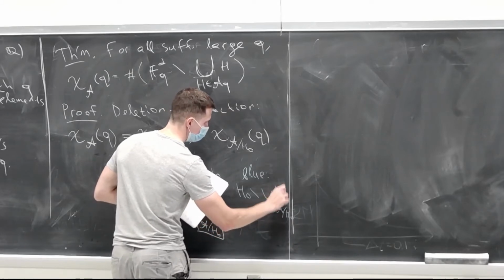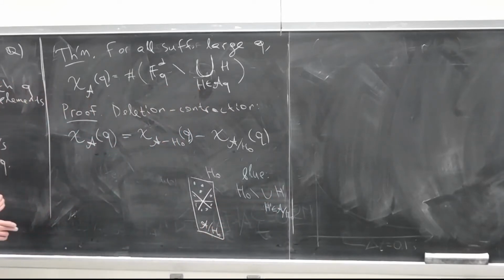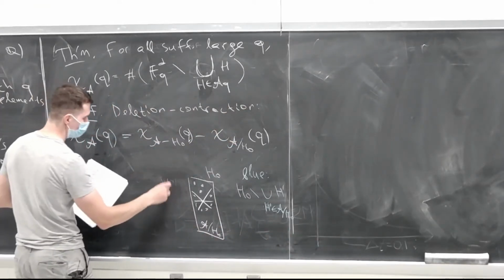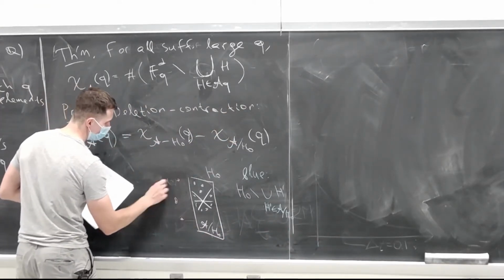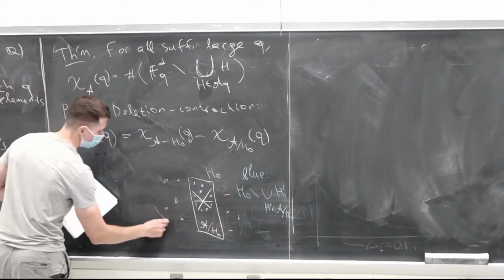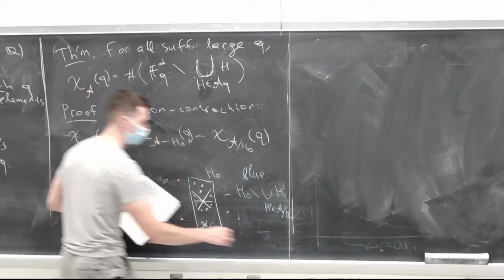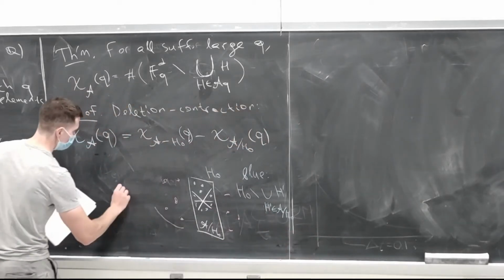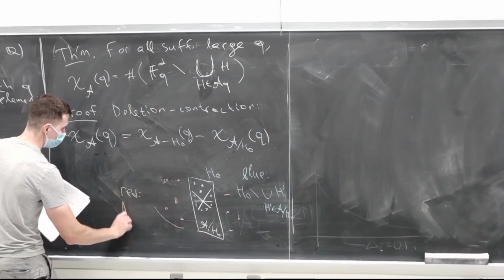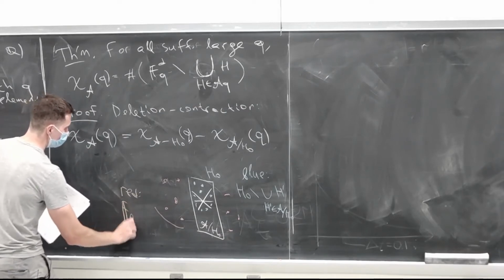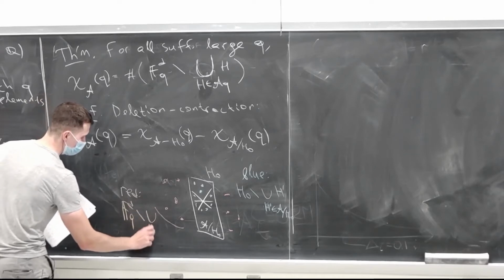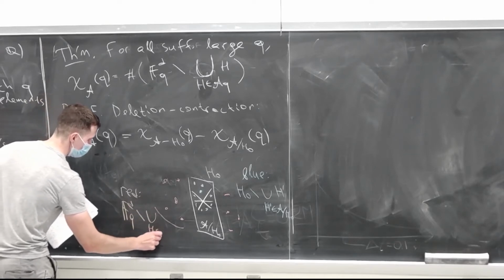Now outside of H0, there are all these other points, which are red. Red is you take F_Q^d, and then you subtract all hyperplanes in your arrangement.